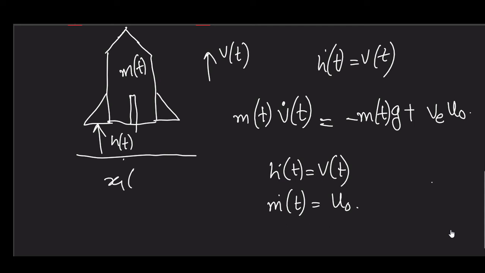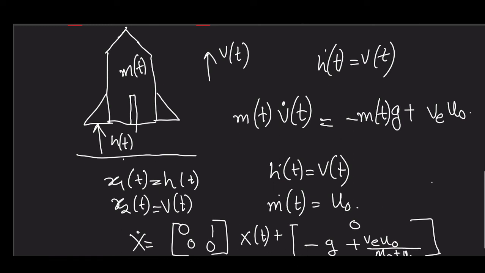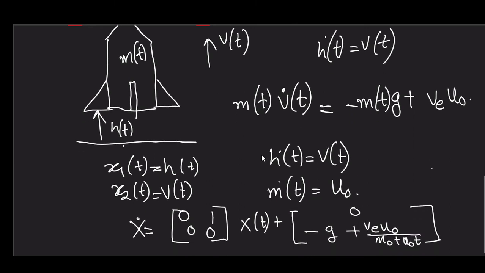If we assume that the first state x1(t) is h(t) and the second state x2(t) is v(t), then x dot, the vertical concatenation of x1 dot and x2 dot, is something like this, where m(t) at any time is m naught plus u naught t.